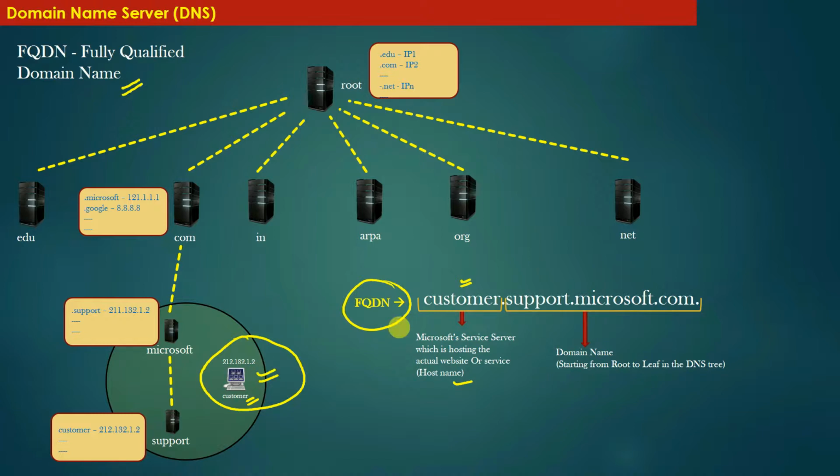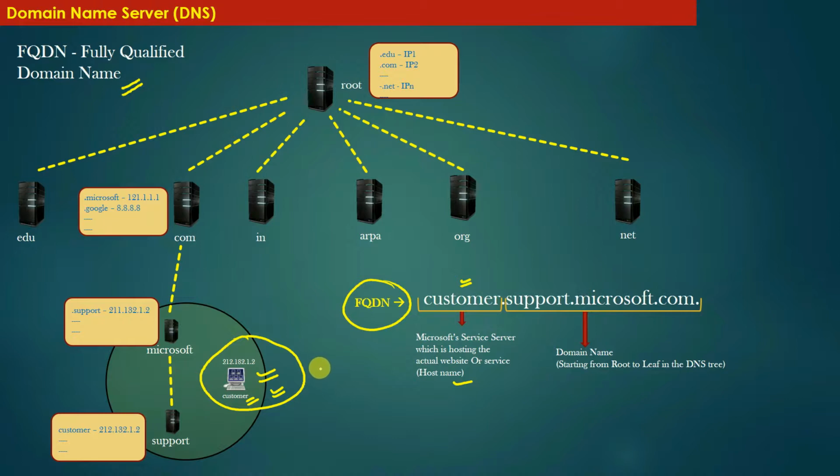So the fully qualified domain name is the name of a server which provides a service, and given a fully qualified domain name, we can identify the service-providing server uniquely in the entire world.